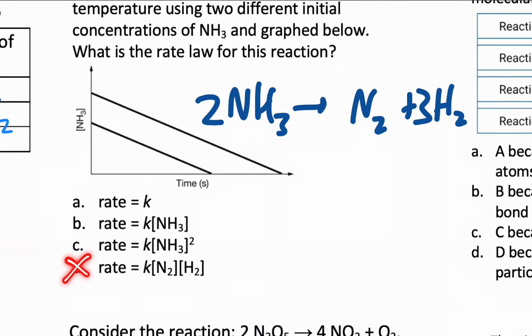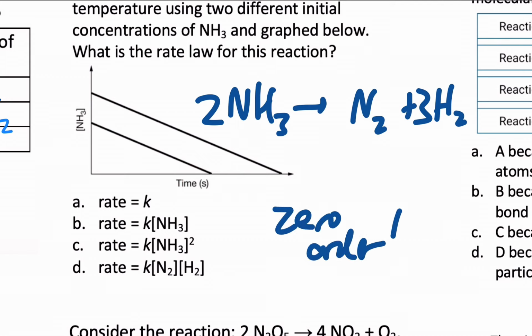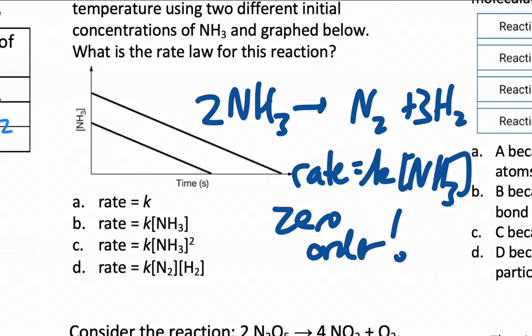It can't possibly be D because it's only going to depend on the reactant concentration. However, here it's concentration versus time that's linear, so this is actually a 0 order process, which means rate is equal to a rate constant times the reactant ammonia to the 0 power, which means that this term is 1.